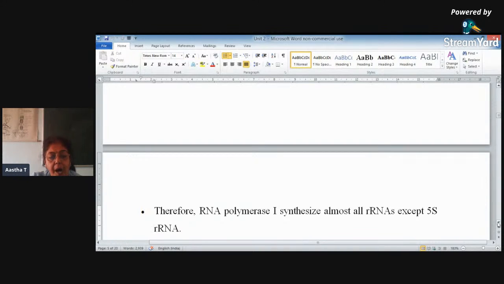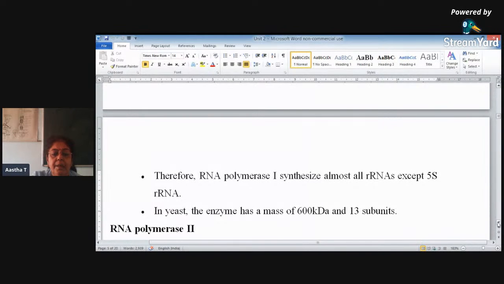So RNA polymerase 1 synthesizes all rRNAs, the 23S, 16S, 3S, and the 45S as seen above; it does everything except 5S rRNA.